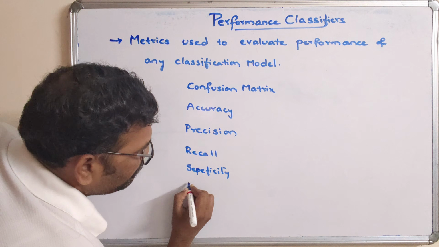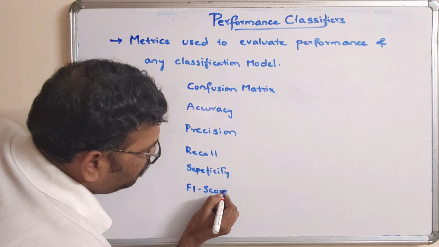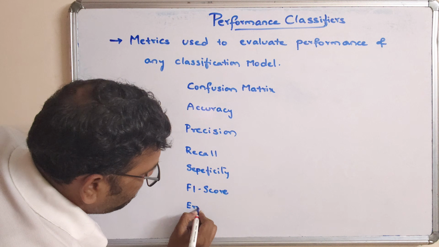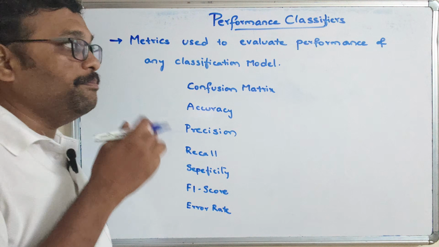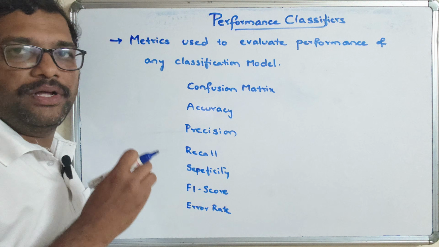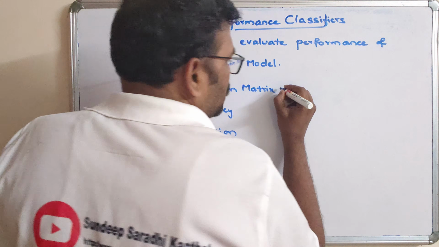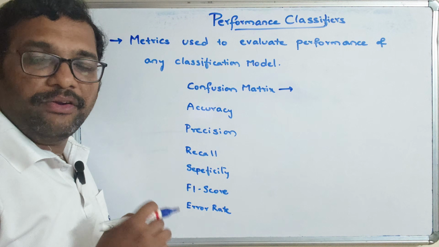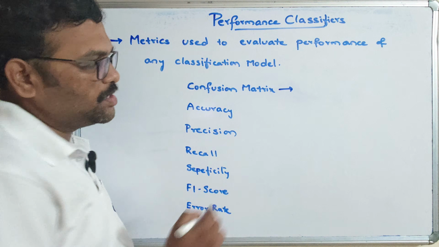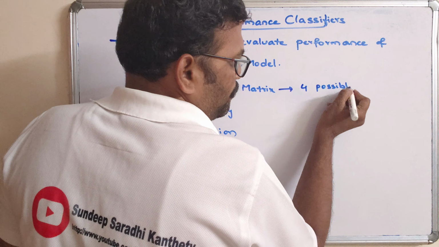Specificity. F1 score. Error rate. So these are all different metrics which are used for evaluating any classification model. Coming to the confusion matrix, there will be four possible outcomes. We'll see them one by one.